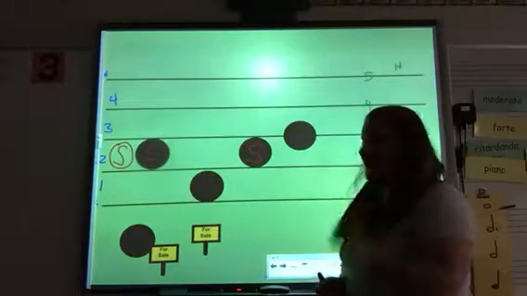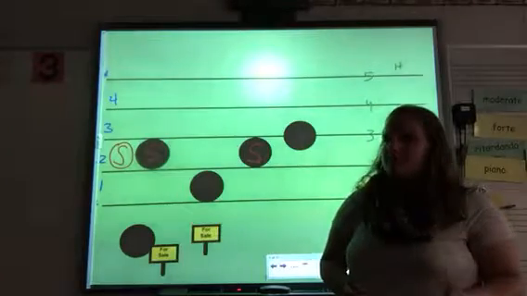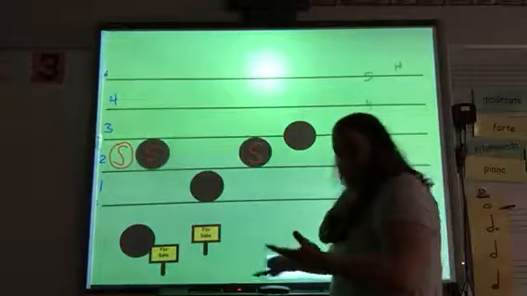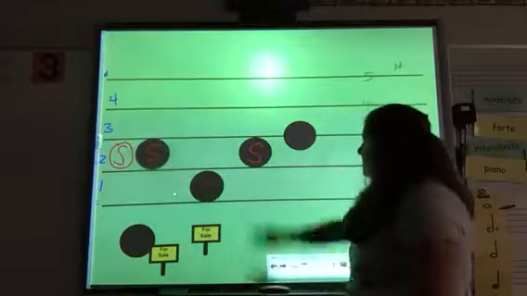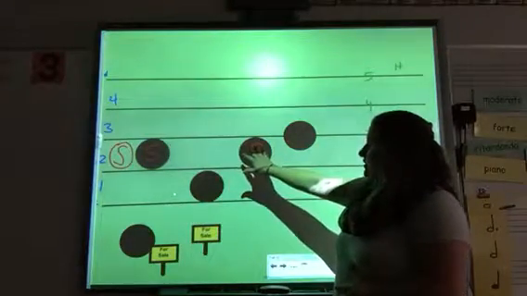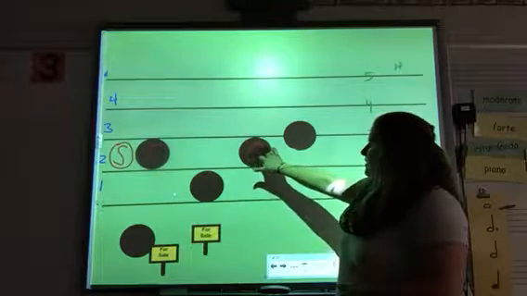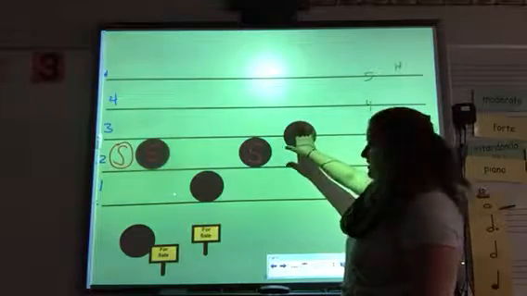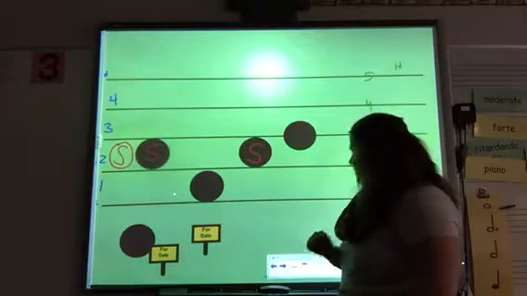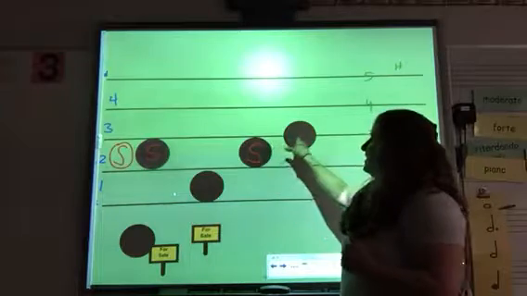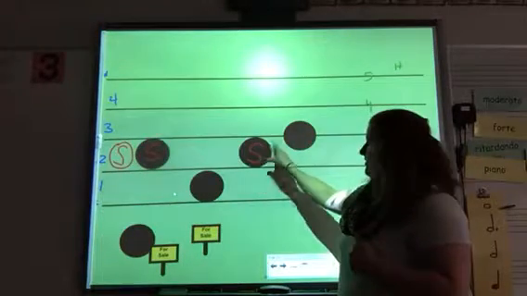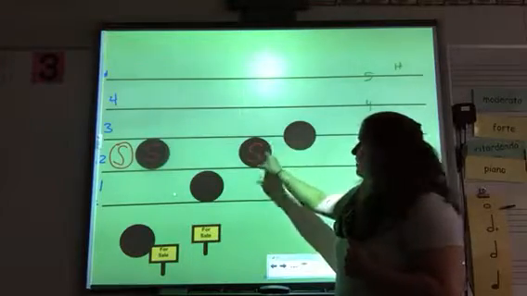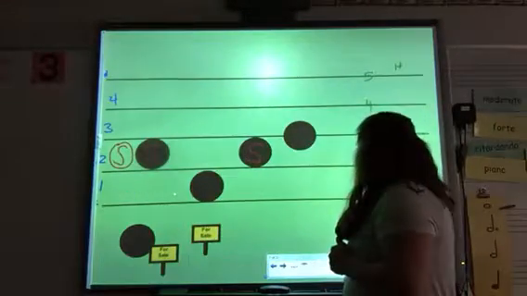All right. Then I can either start to think about where my skips are, but I might want to go up steps instead because that might be a little bit easier. So I look at my space number 2 and I go up 1 step to the very next line, right, which is line number 3, and I know that because it is higher than so on the staff and because it is only 1 step above so on the staff, this must be la.